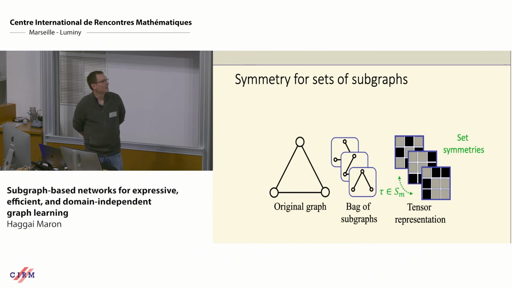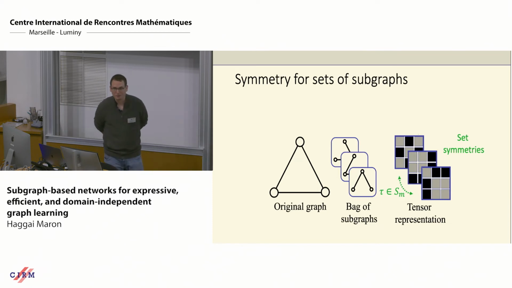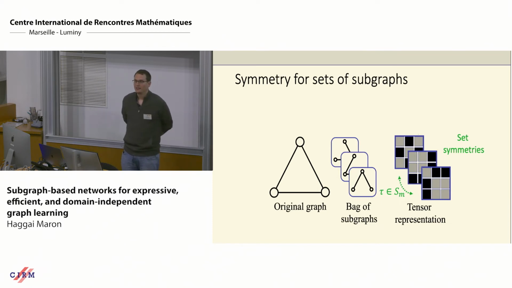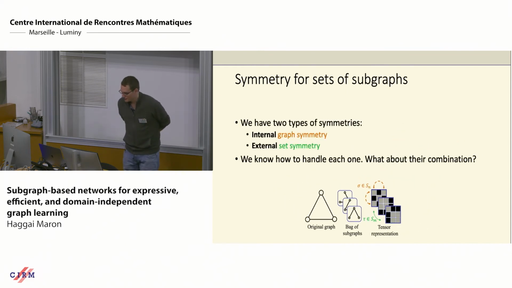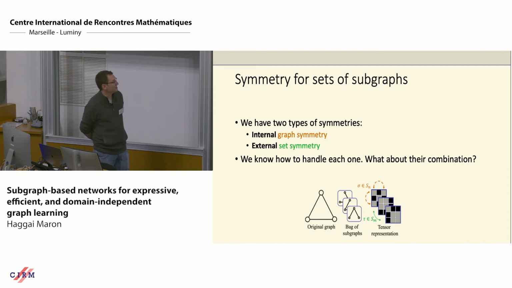Another thing we have is the set symmetries. So we don't really care about the order of the subgraphs, right? So if we look generally at that, we see that we have an internal graph symmetry and an external set symmetry.